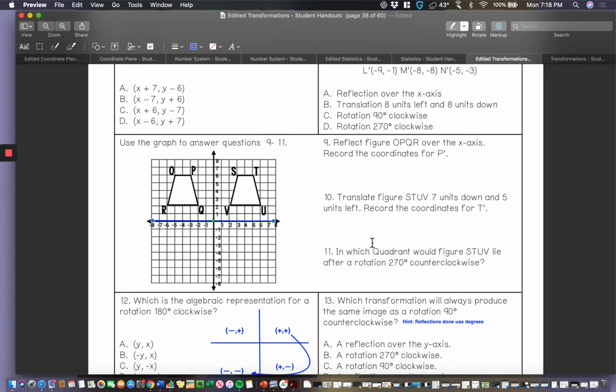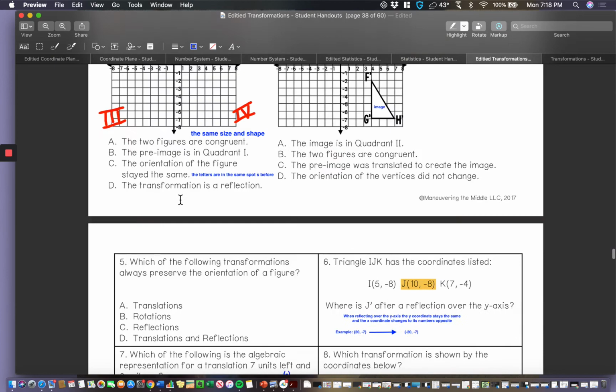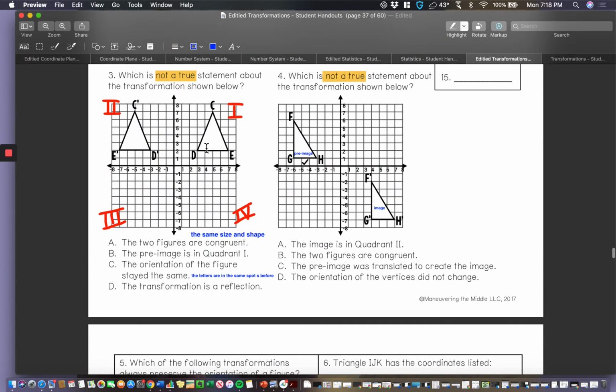That would be great. On 11 says, in which quadrant would figure STUV lie after a rotation of 270 degrees clockwise? So that means I'm taking this figure and I'm moving it 1, 2, 3. So basically, what quadrant is this right here? Again, you can refer back to the top if you don't know your quadrants.